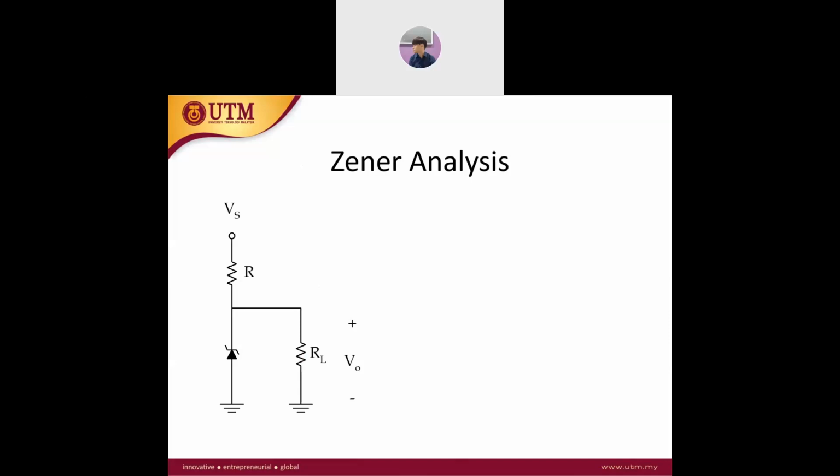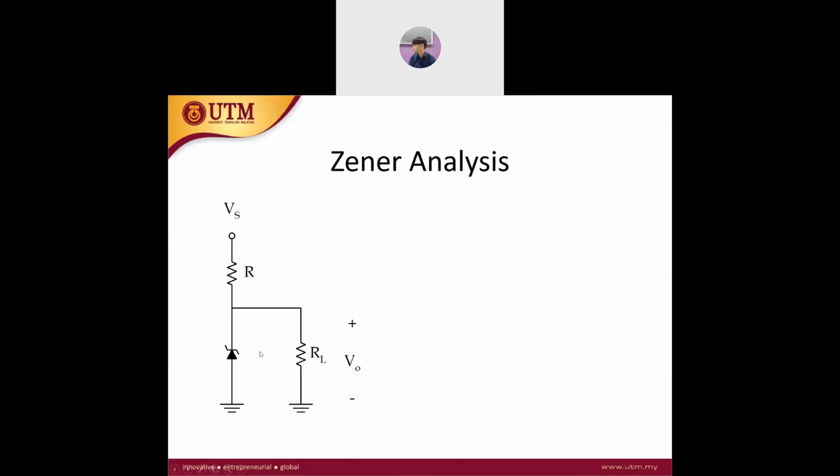Otherwise, it is either a short circuit or an open circuit. The short circuit is for the ideal diode in forward bias. However, for Zener diodes, we are more interested in the breakdown operation, which is what the Zener diode is designed for. So it operates in the reverse region, specifically the breakdown region.